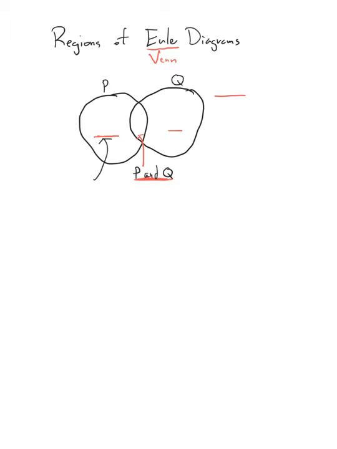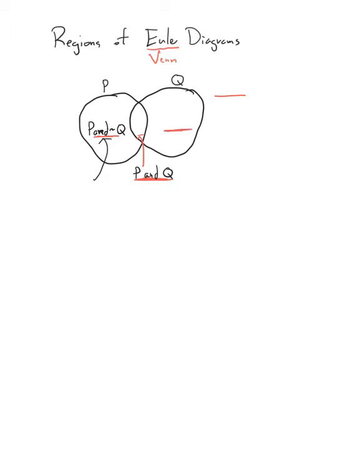This region here, so that is everything to the left of that intersection here, well, that's things that are in the P fence but not in the Q fence. So things in this region, they have property P and they do not have property Q.